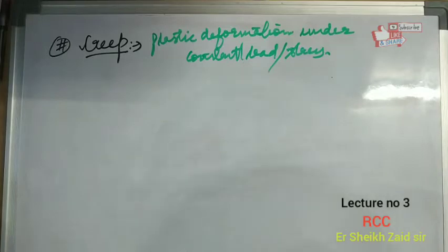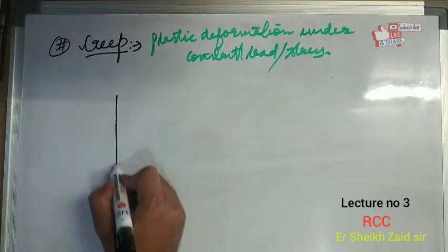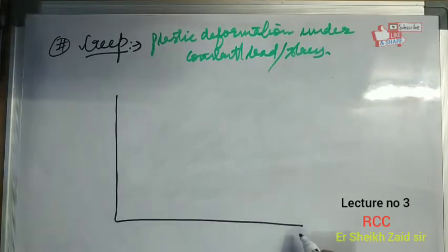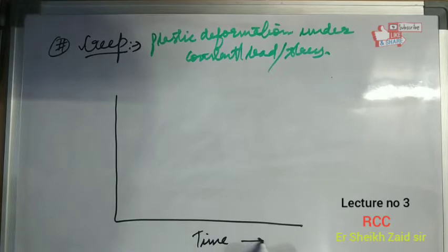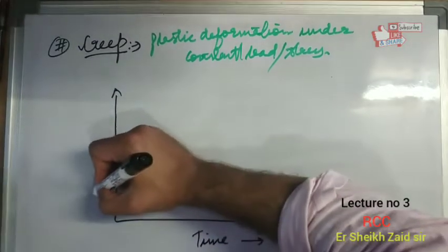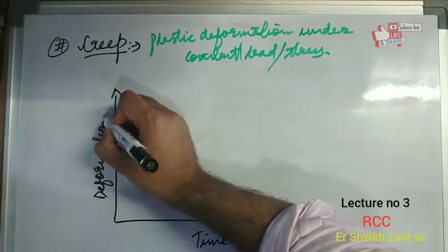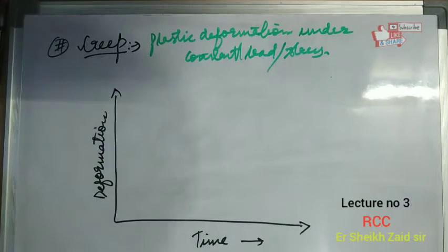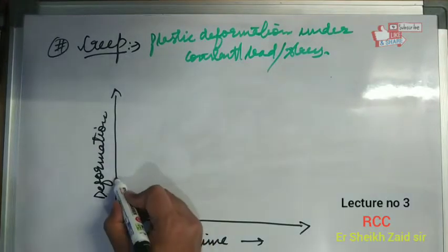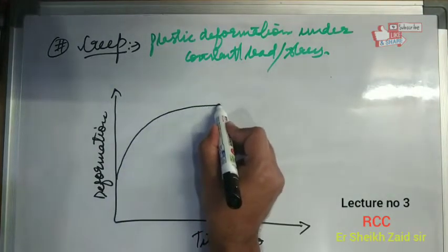So if I make the typical creep time curve, it is just like this. This shows time and this axis shows deformation. So initially the curve goes like this.